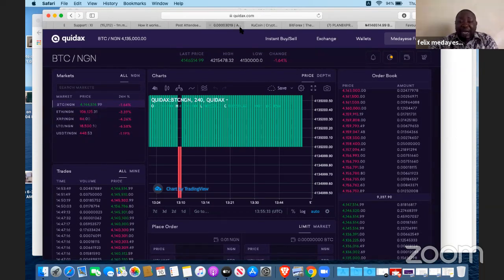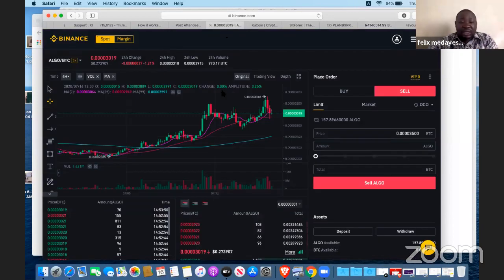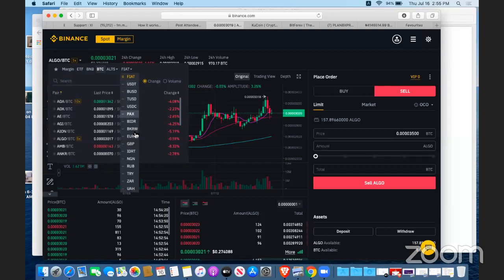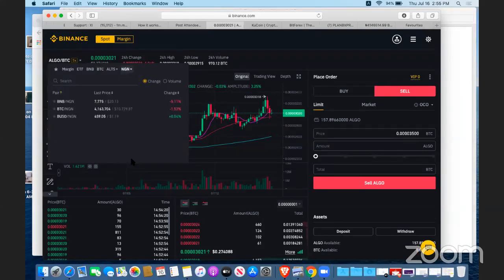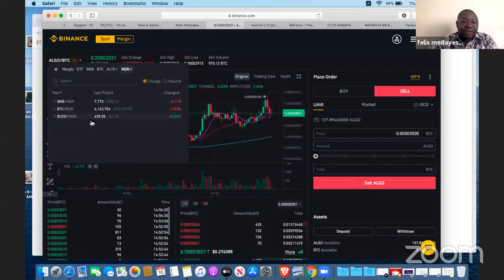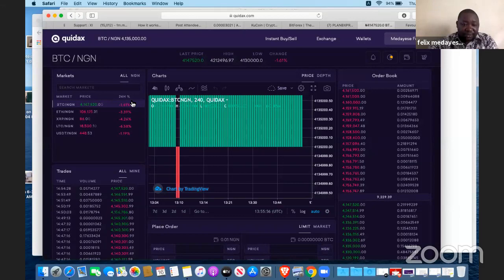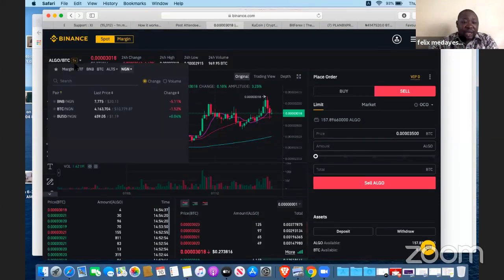Now, if you go to Binance, BTC to NGN, can you see some difference? Now it is 4,167,000 naira, while here it is 4,147,000. On Binance it is 4,163,000.